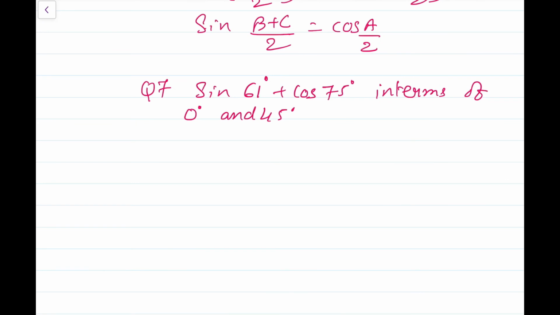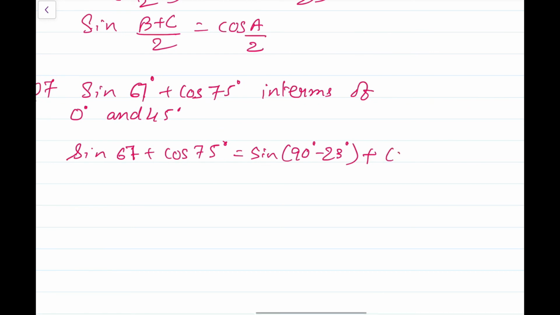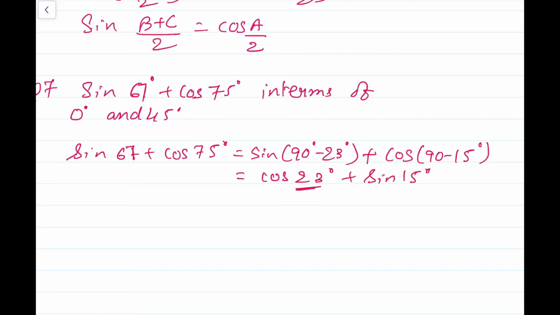So now here sin 67 plus cos 75 is equal to sin (90 minus 23) degrees plus cos (90 minus 15) degrees, which is equal to cos 23 plus sin 15. I got my theta between 45 and 0.